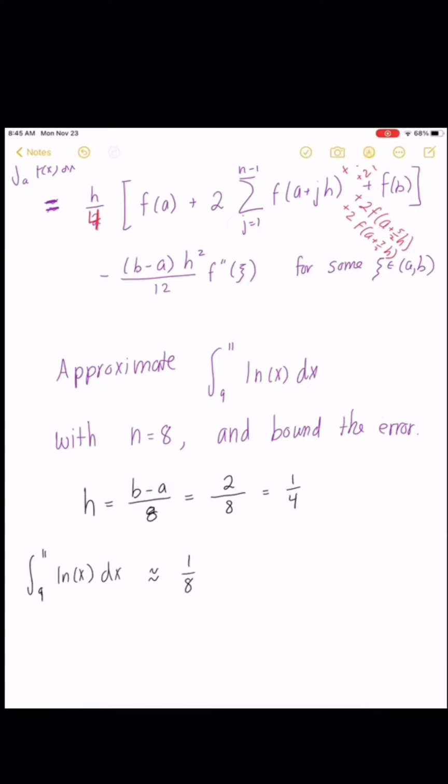So we start with h over 2, which is 1/8, times f of a, so ln of a, plus 2 times the sum from j equals 1 to 7 of ln of a plus jh, and then plus f of b, which is ln of b.